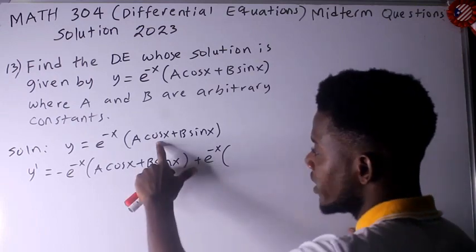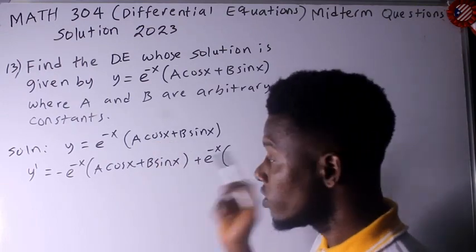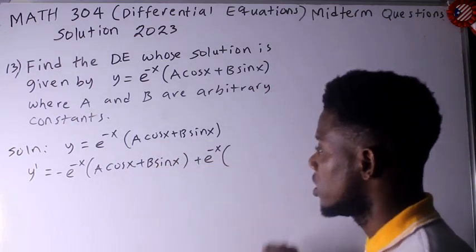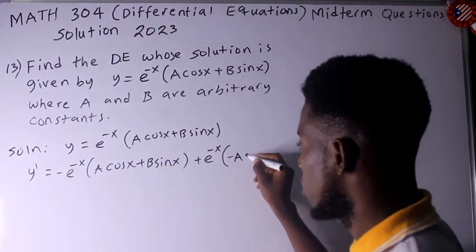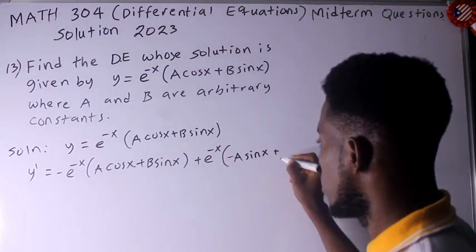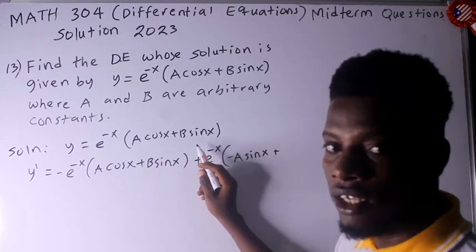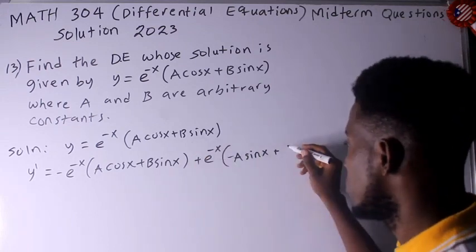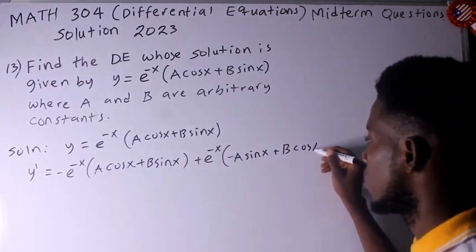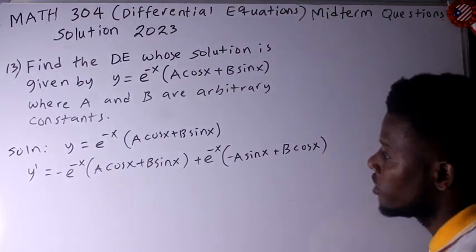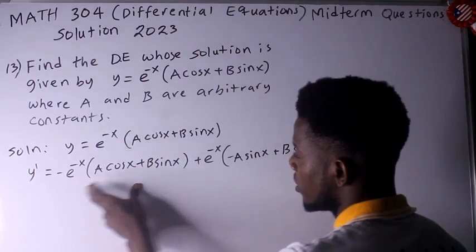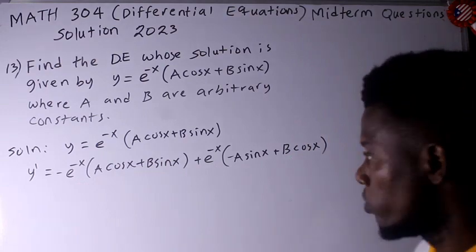The derivative of cos x is negative sin x, so negative sin x times a is negative a sin x, plus the derivative of sin x is cos x, times b is b cos x. That means the derivative of the entire expression is this plus this, using the product rule.